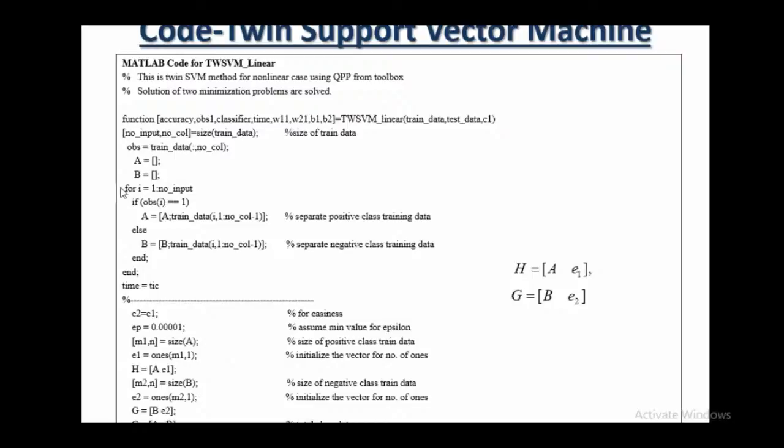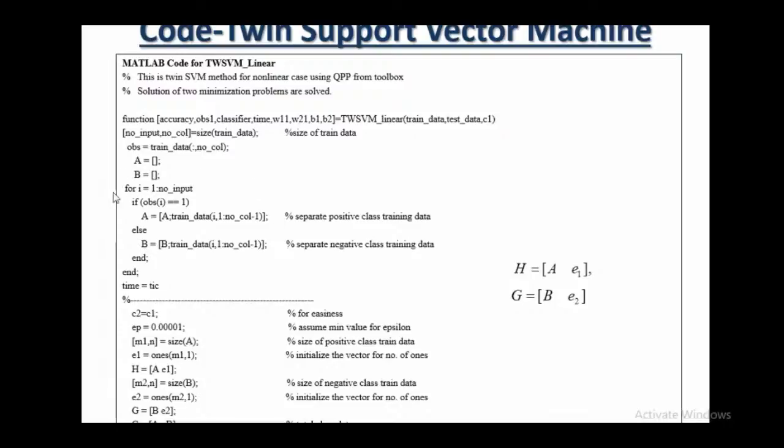You already collected the number of samples, so for I equal to 1 to number of inputs, if OBS of I is 1, you collect the sample into A, and if OBS of I is equal to -1, you collect that sample into B. Through this, you segregate all the positive class data points into A and all the negative class data points into B.